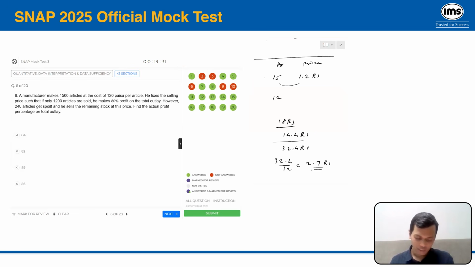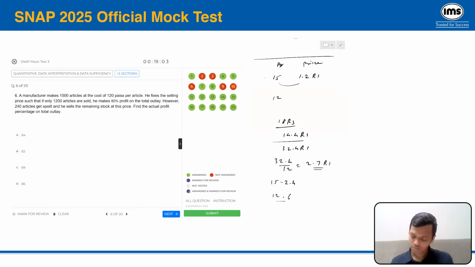However, 240 articles get spoiled. So 2.4 articles get spoiled. So 15 minus 2.4, right? That is going to give you 12.6. And sells the remaining stock at this price.